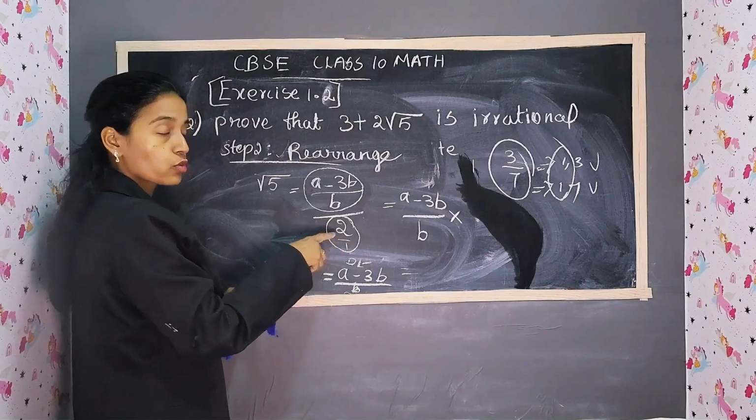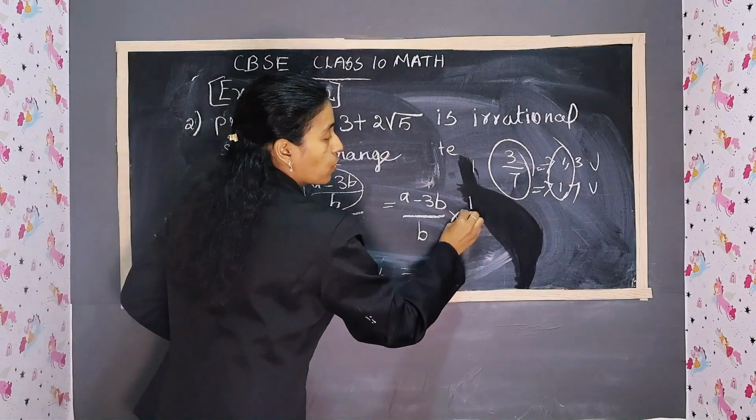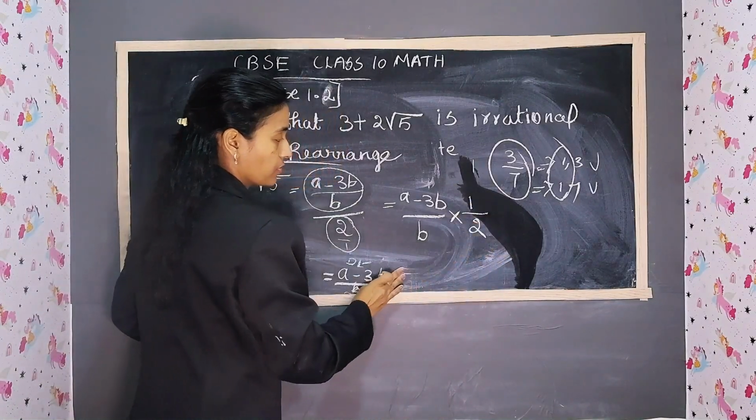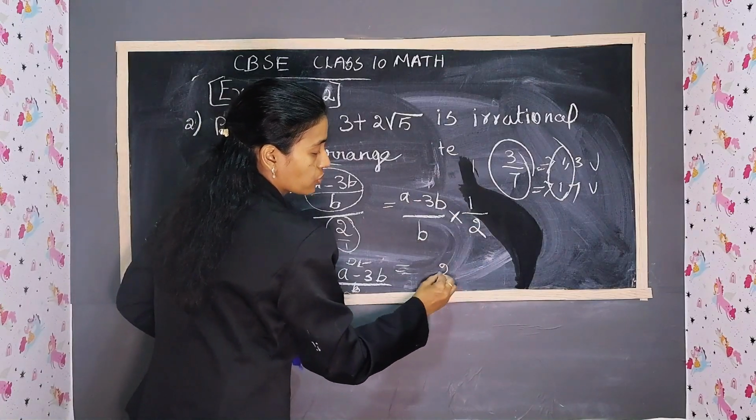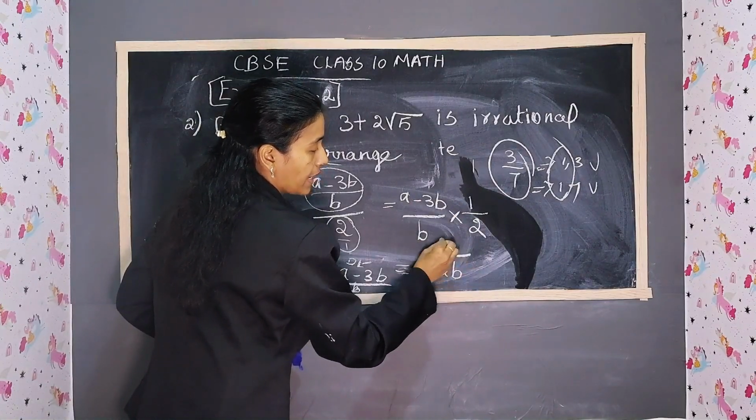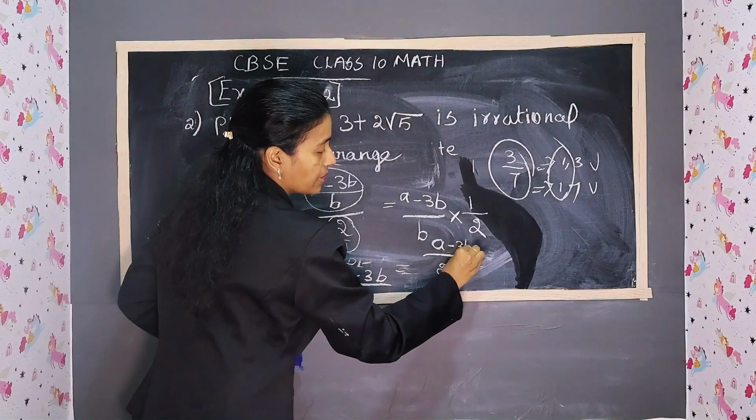The reciprocal of 2 by 1 is 1 by 2, right? Now you can write easily B into 2, you can write 2B, A minus 3B.